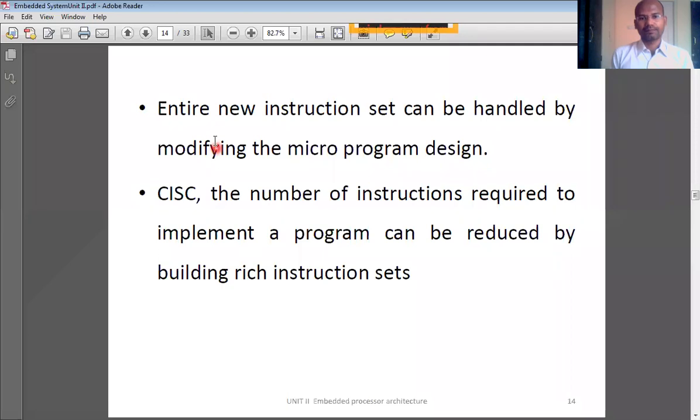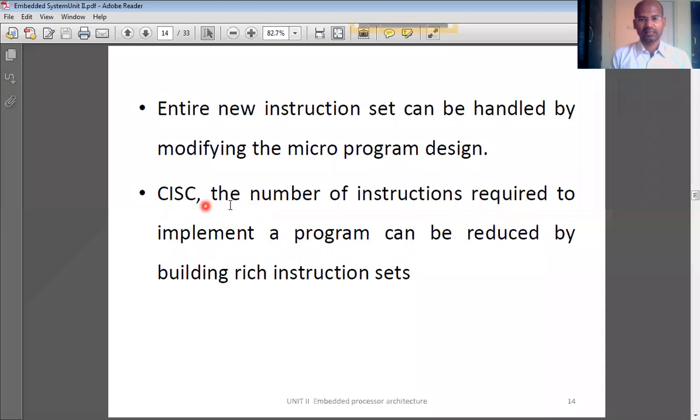And CISC offers both. You can implement microcode either in memory or in hardwired. If you choose to implement microprograms in memory, then you have this advantage: an entire new instruction can be handled by modifying the microprogram design. If it is hardwired, then it is not possible.